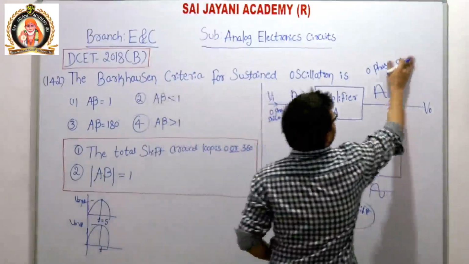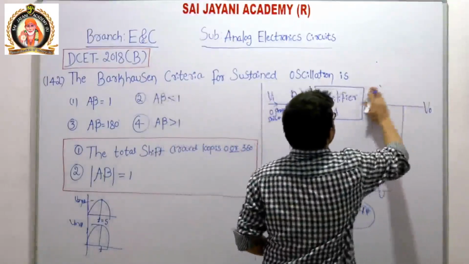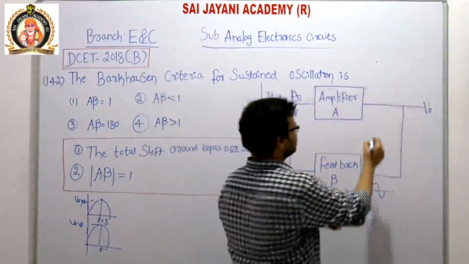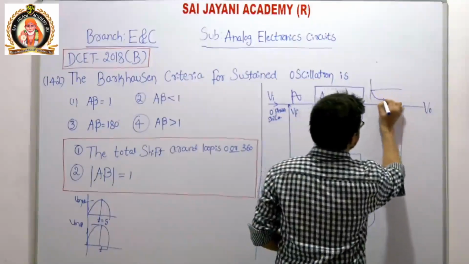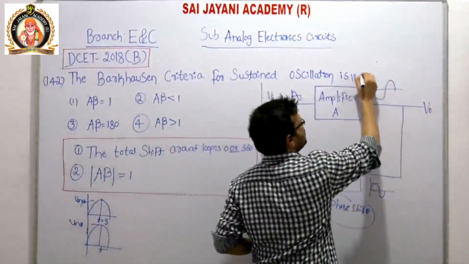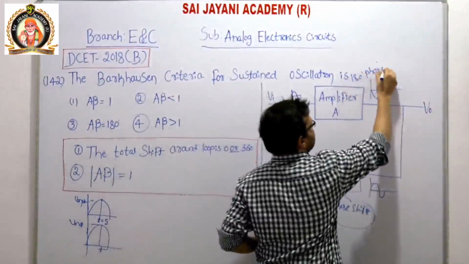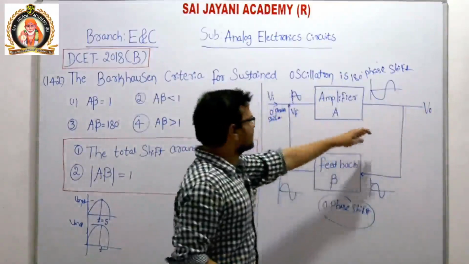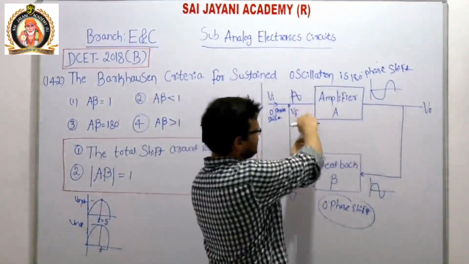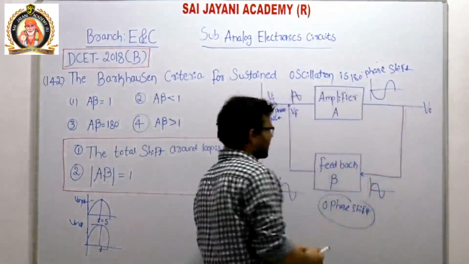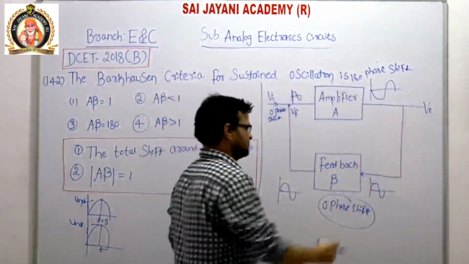That means if you give an input signal, and at the output of the amplifier circuit you get an inverted signal, that means a 180 degree phase shift exists between the output of the amplifier circuit and the input signal. This part of the output signal is again fed back to the feedback circuit.